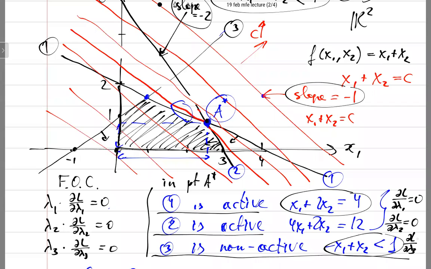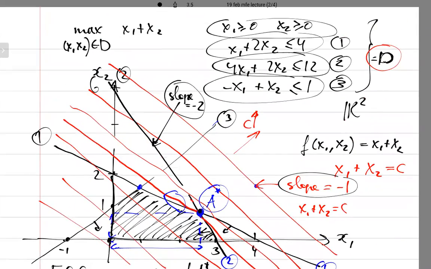No, it's greater than 0. Yeah, that's okay.